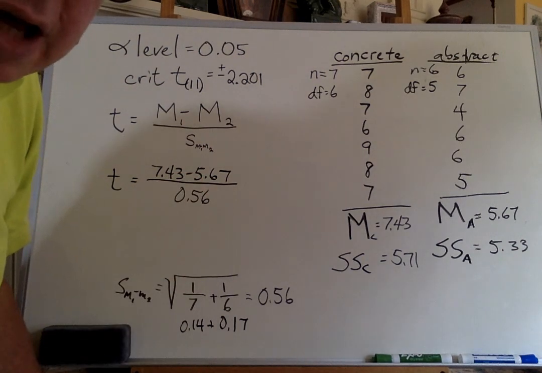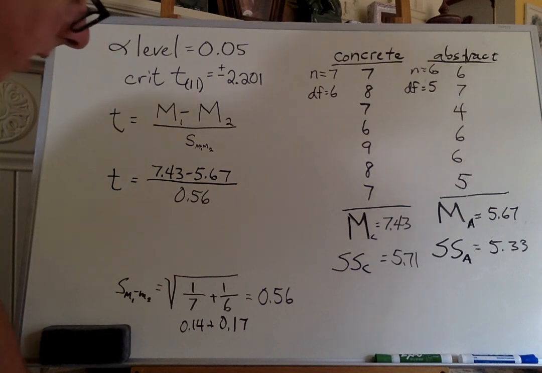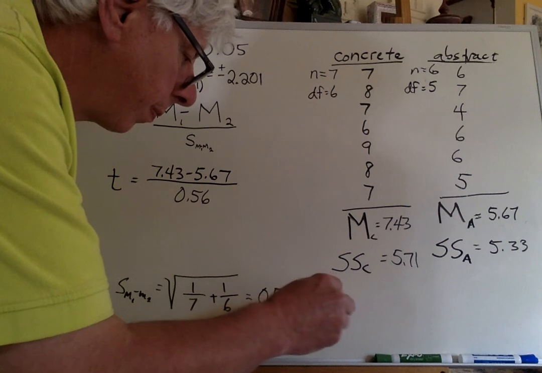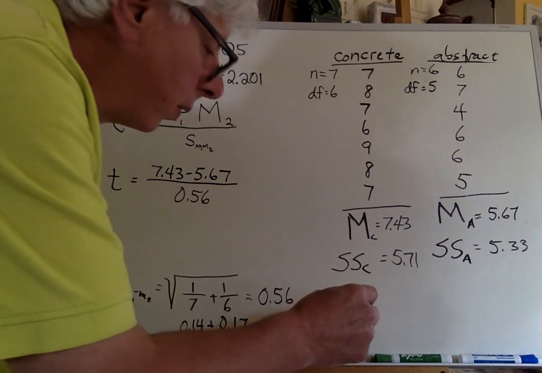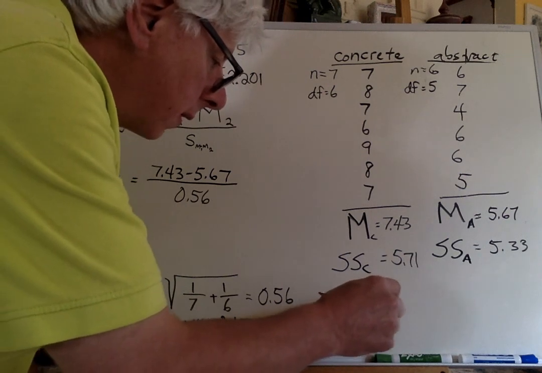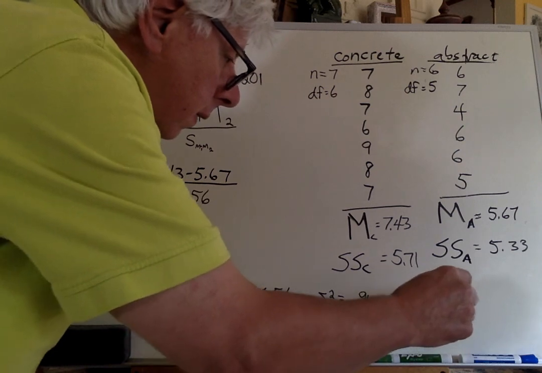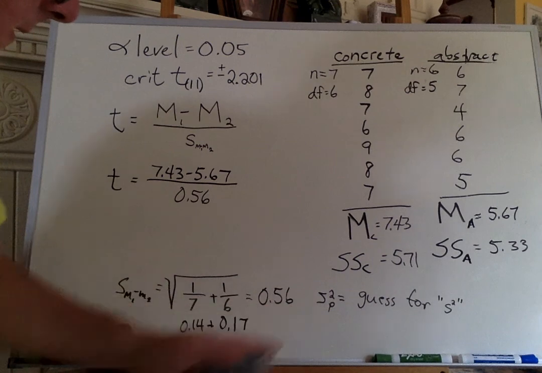Just take your time, and you're going to need to be organized when you do this. So first we got the pooled variance, and that was equivalent to our guess for S, but it's actually our guess for S squared in this case.